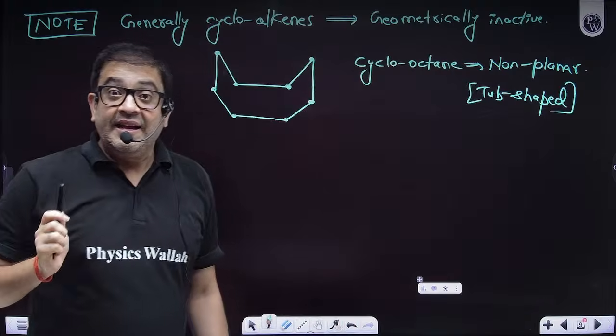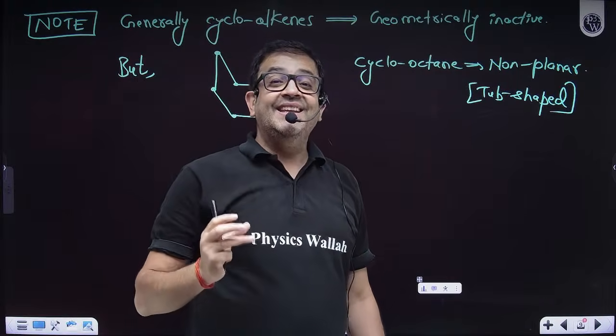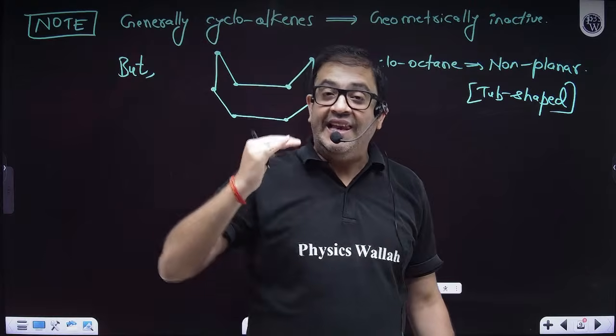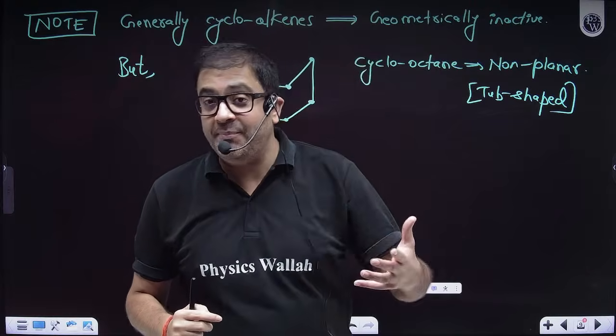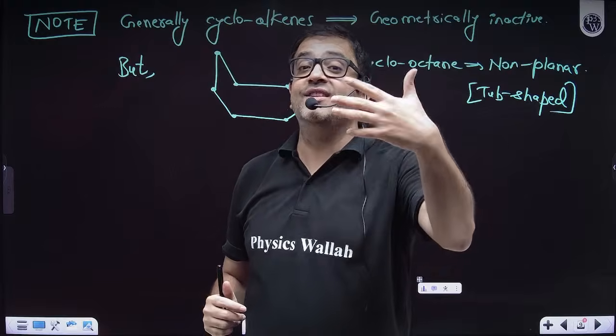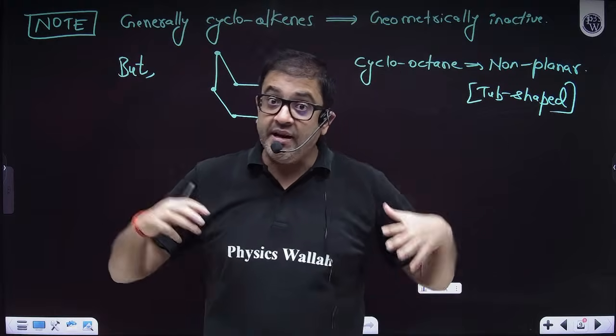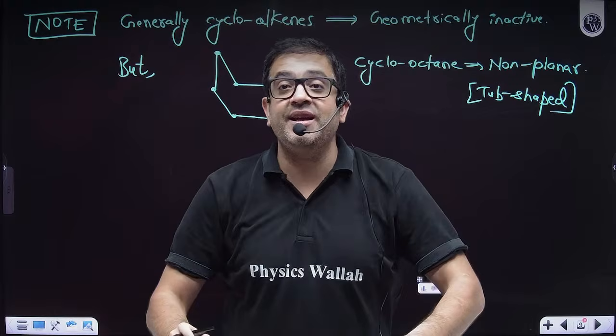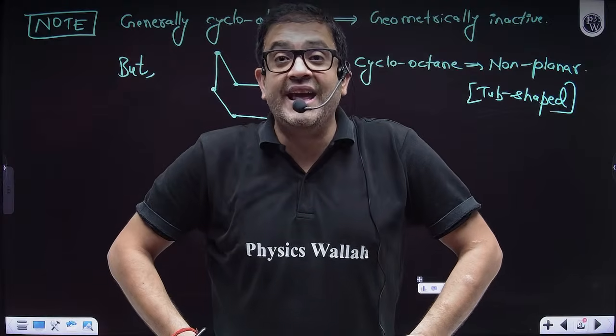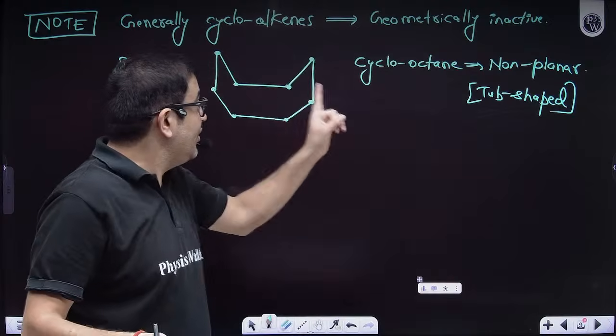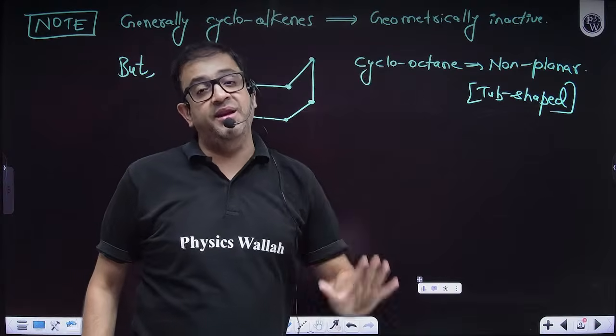So cycloalkanes having 7 members or less can come in a plane if you provide some extra aromatic stability, but cyclooctane can't even come in a plane.